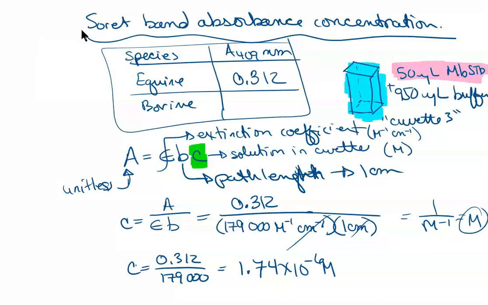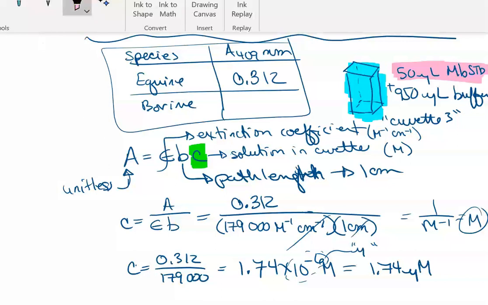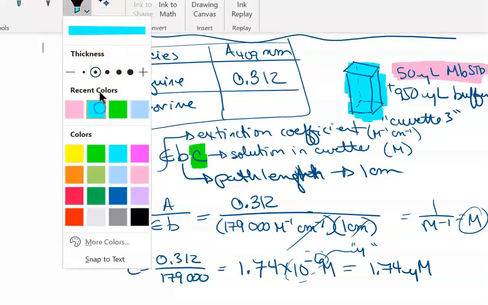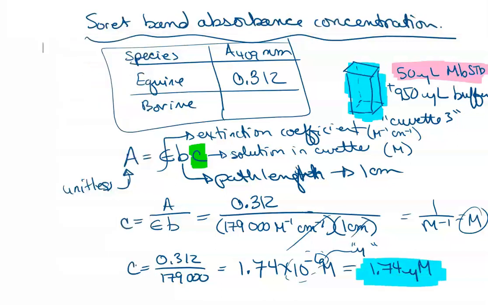So this is also equivalent to 1.74 micromolar. So this times 10 to the 6th, we can express just using the character mu for micro. All right, so what is this number? This number is the concentration of myoglobin in our cuvette. Okay, so this is for the dilution.